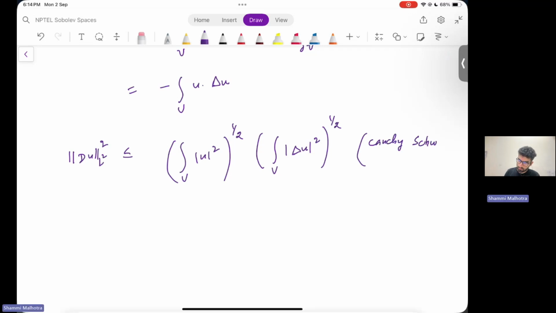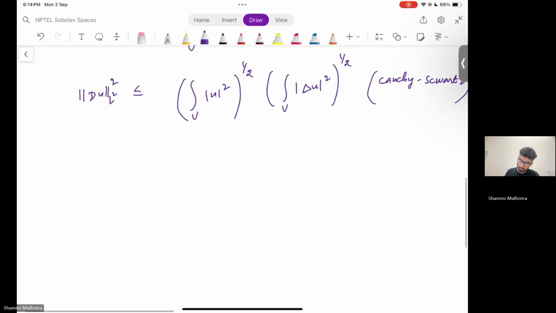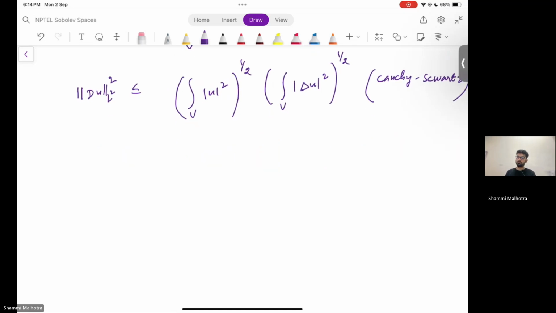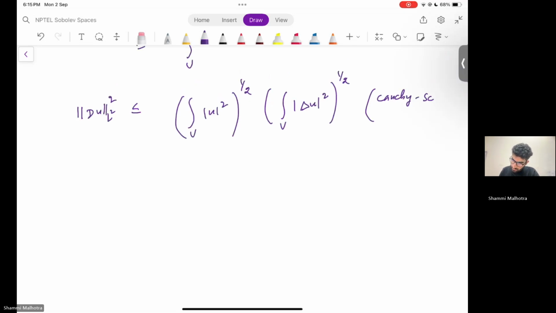This is Cauchy-Schwarz, held here at p equal to 2.